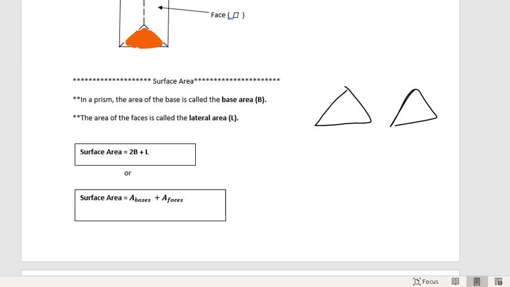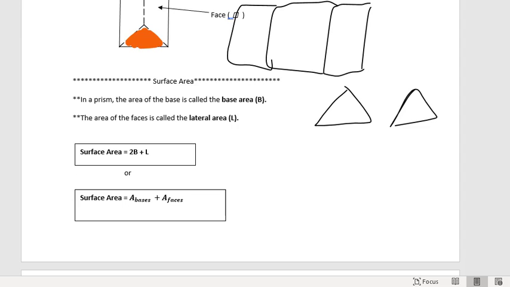Then if we look at the faces, if we split it up and folded it out, we would have this section, and this section. All right, so if we unwrapped it, unfolded it, it would look like that, and it would be a rectangle. This is the lateral area. So this whole thing, lateral area.